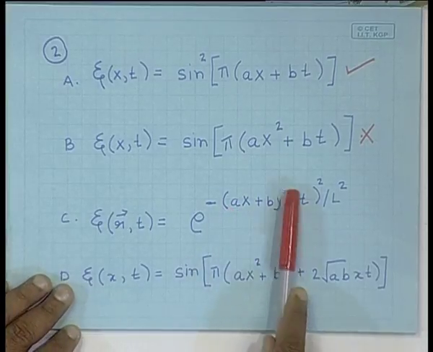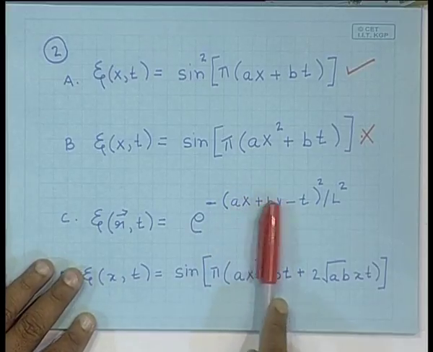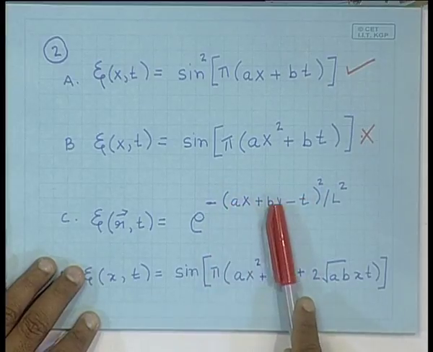So, look at the argument over here. The argument over here is Ax plus By, and then you have a minus t. So, let us just focus on this Ax plus By.